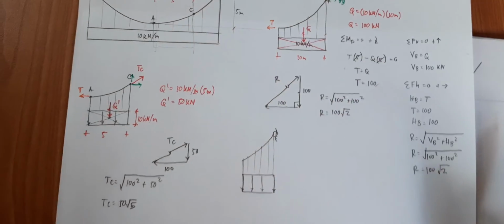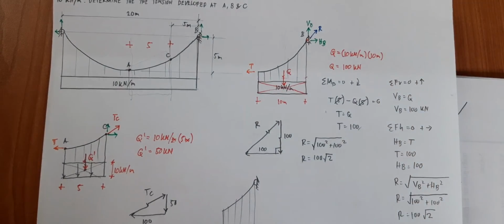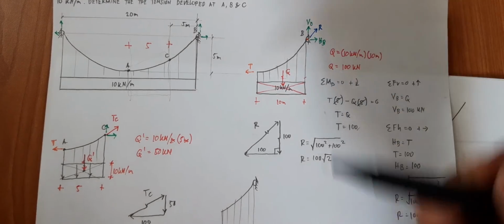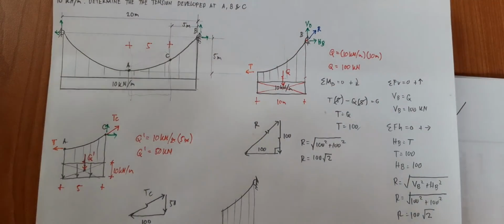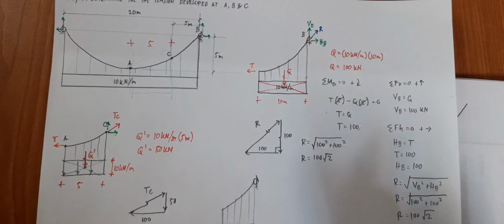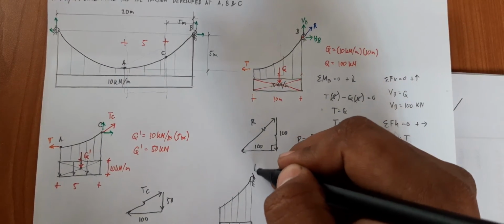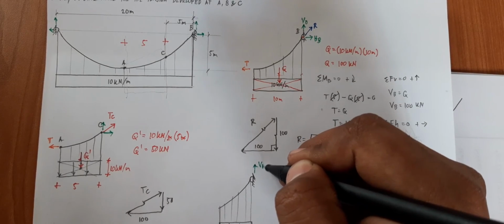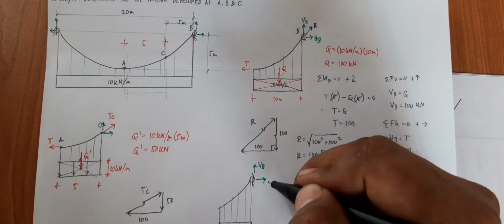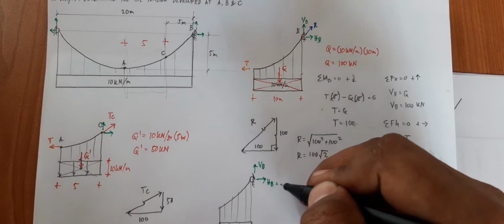Again, we have calculated the values for the reactions. You have here VB and HB. How much is VB again? That's 100. HB is 100. So VB would be upward, and then sideways going to the right, you have HB, which is 100.